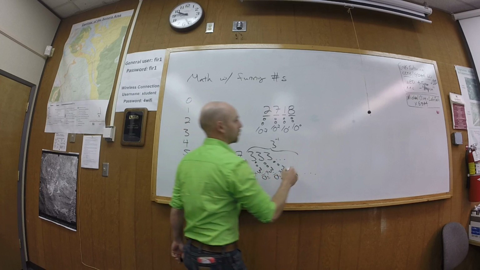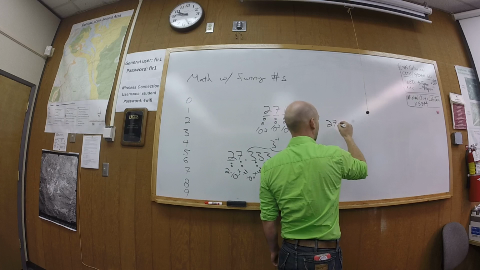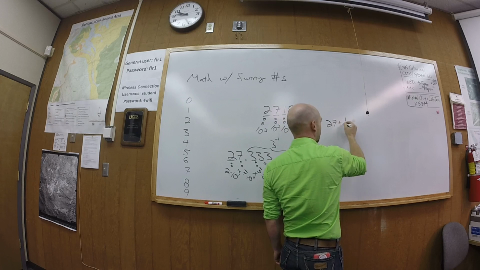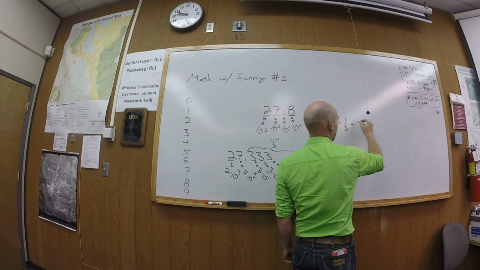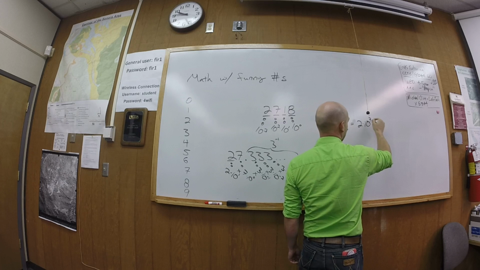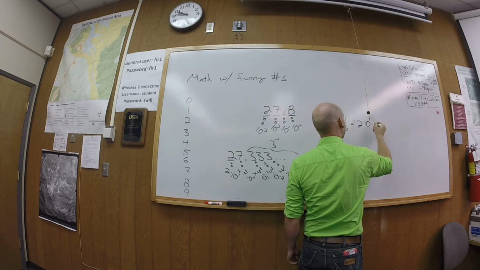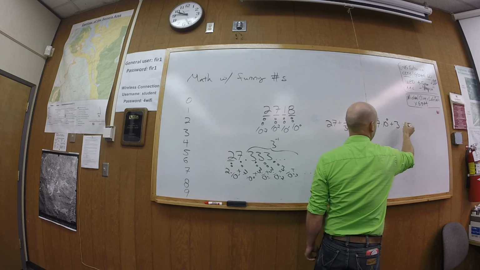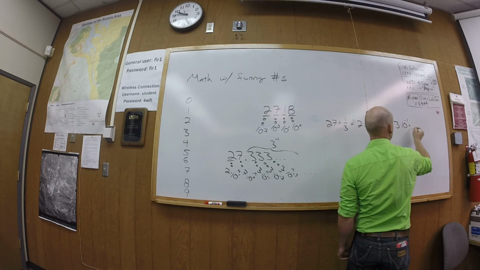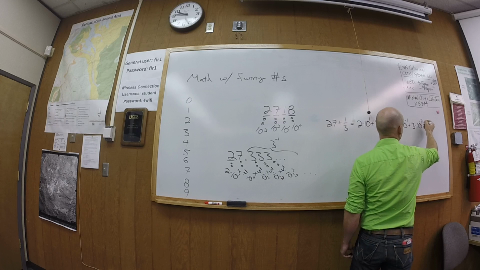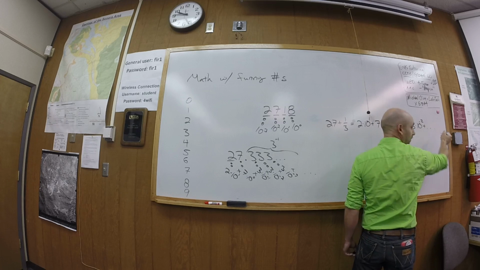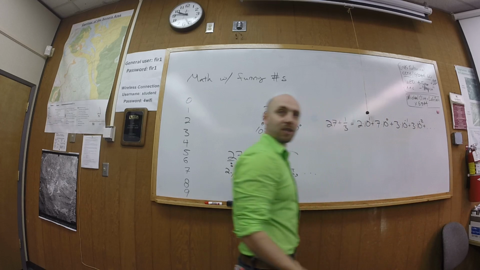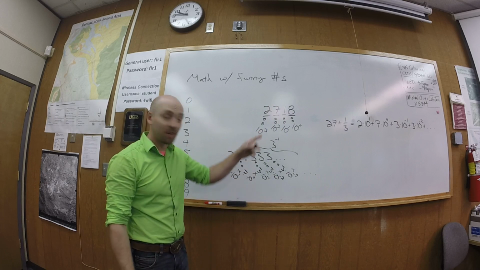So 27 and a third, right? 27 plus a third is apparently 2 times 10 to the first, obviously, plus 7 times 10 to the 0, plus 3 times 10 to the minus 1, plus 3 times 10 to the minus 2, and continuing forever. And somehow this is supposed to sum up to 27 and a third?